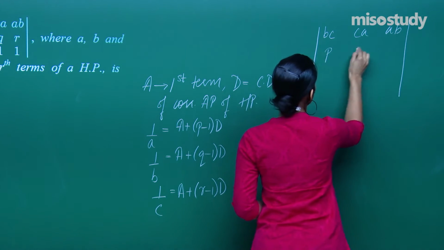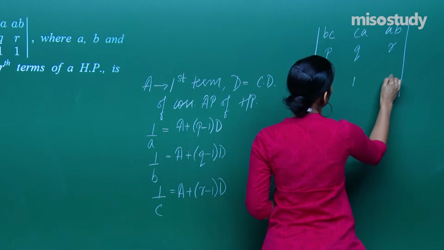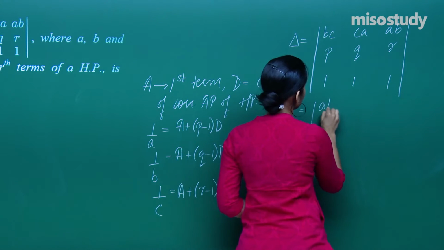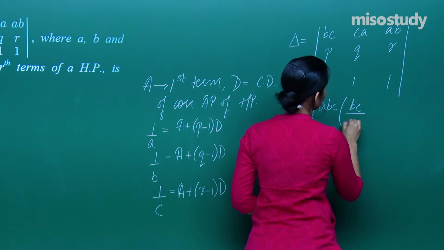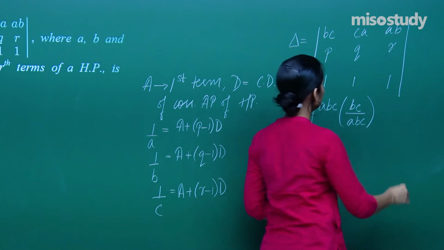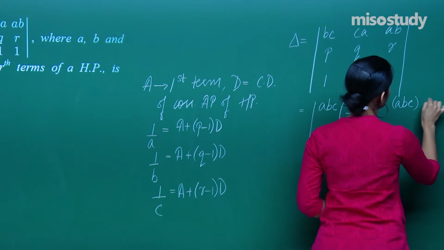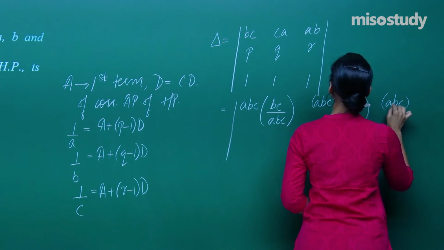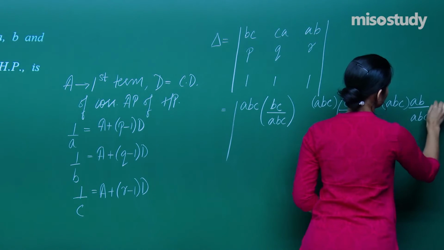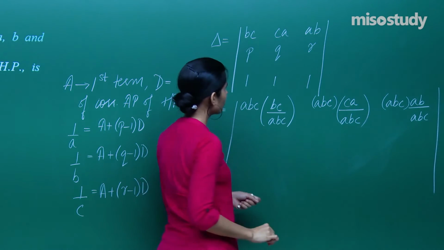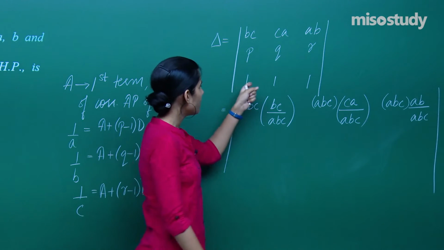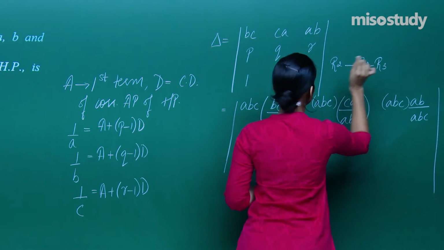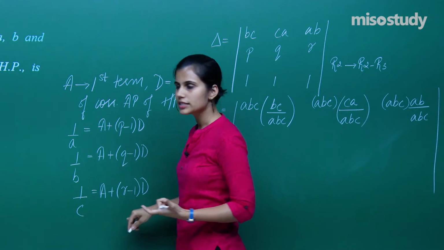Now if I talk about this particular determinant, you have bc, ca, ab, and then you have p, q, r and 1, 1, 1. What I can do is multiply and divide by a, b, c in the rows. Rest same, or I can say what you can do is R2 goes to R2 minus R3. Here we have p minus 1, q minus 1, r minus 1, we obviously need to use this.